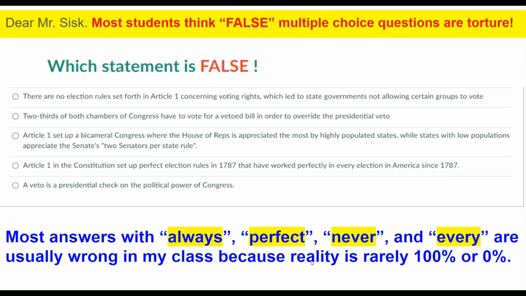Article 1, the third. Article 1 set up a bicameral Congress where the House of Reps is liked by big states, and the states with low population, they really like the Senate. Okay. Now, that type of wording is not going to be in the original Constitution, but it will be in the historical analysis in Chapter 11.